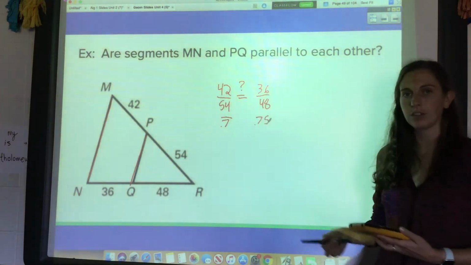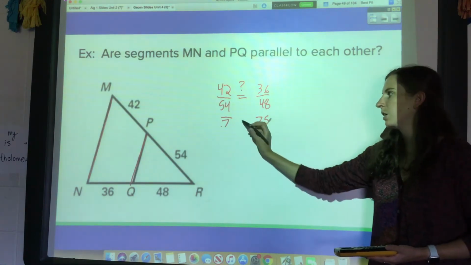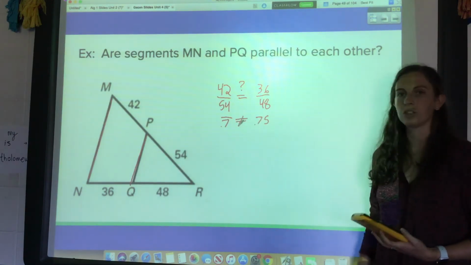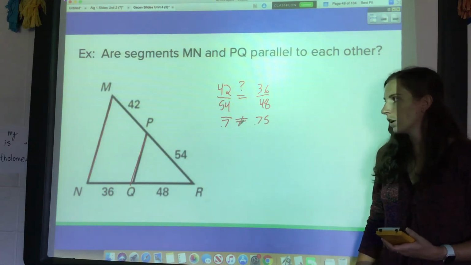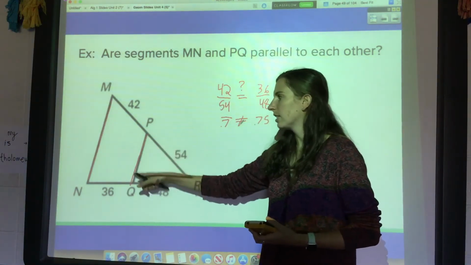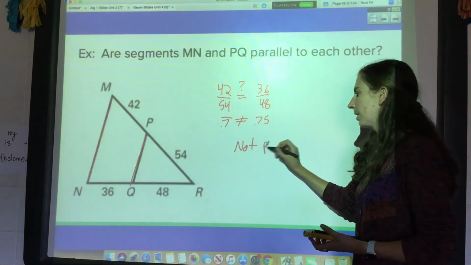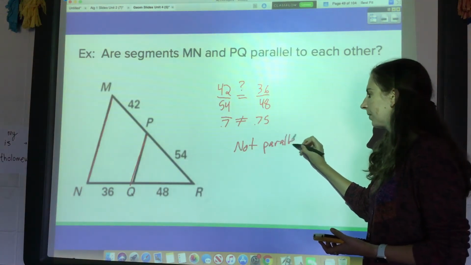Are those the same ratio? No, they're just a little bit off. So those are not equal to each other. Therefore, since this ratio is not the same as this ratio, these lines are not parallel. They're pretty close, but they are not parallel.